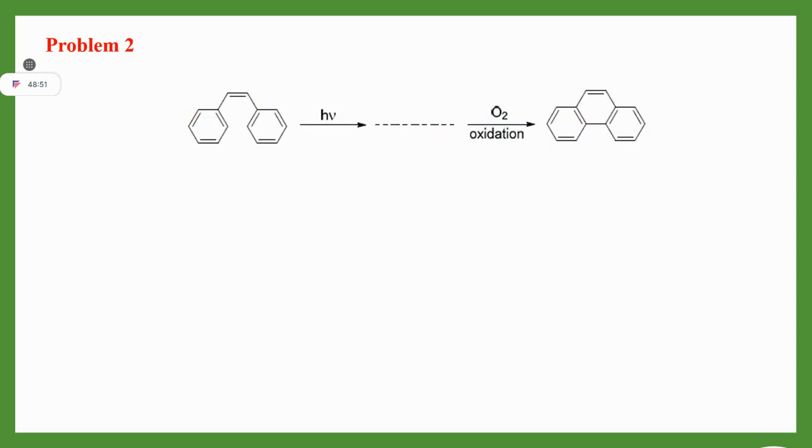So this is your problem number 2. You have to tell me the intermediate involved in this reaction. Last step is nothing but your aerobic oxidation just to get aromaticity back. Take 1 minute, pause video, and think which pi electrons you can take for this reaction.